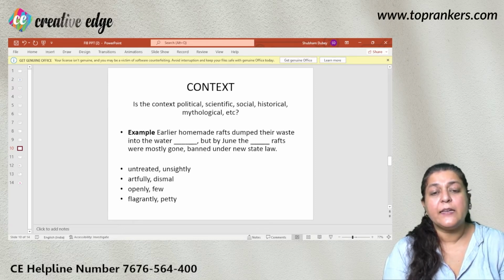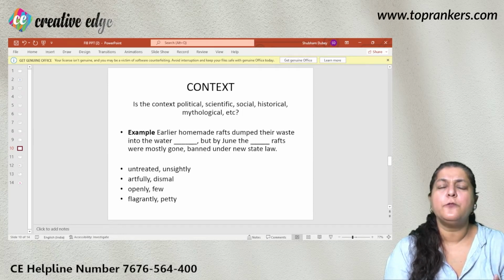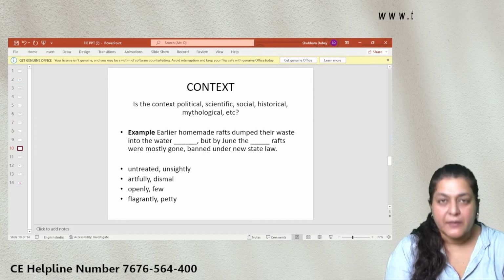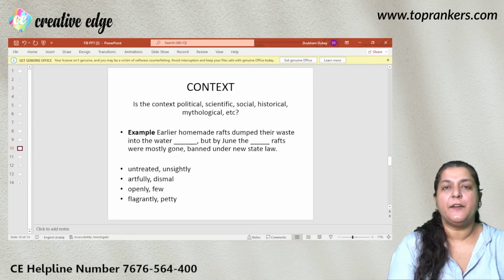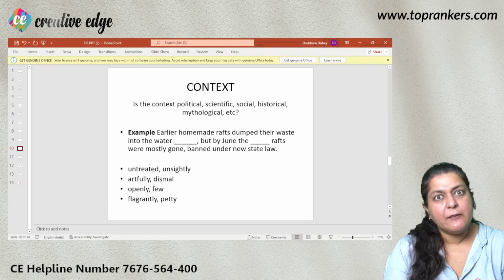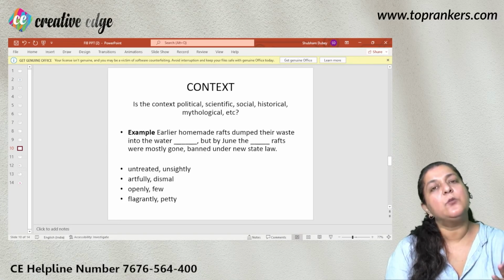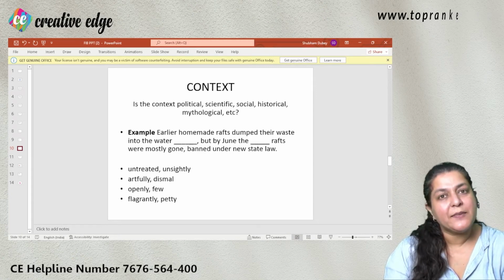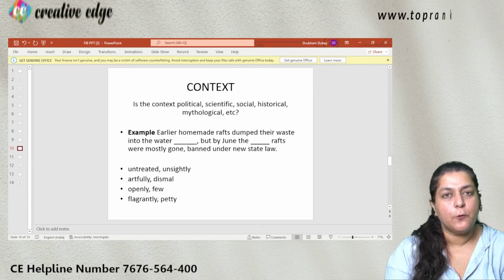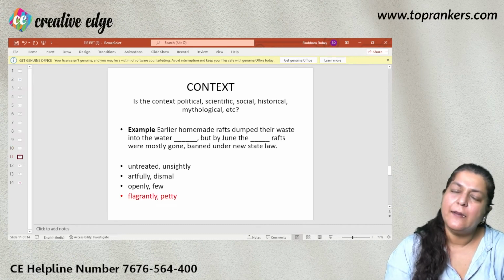And unsightly, nowhere is it talking of the rafts being in a very pathetic condition or in a dilapidated manner. Had that been the case, then yes, the word unsightly could have suited better. So the answer that suits the best out of the four is flagrantly and petty.